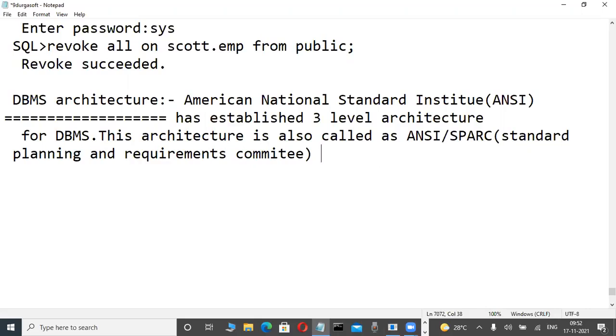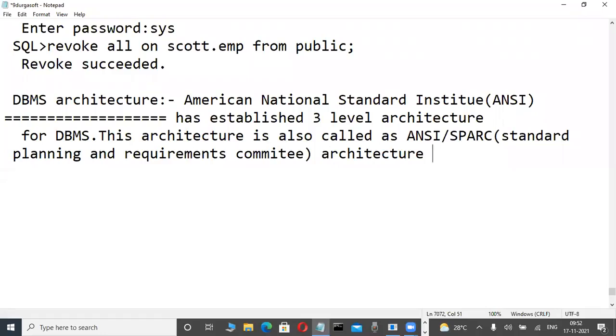This architecture is also called ANSI SPARC, within the bracket Standard Planning and Requirements Committee. That is SPARC only. Close the bracket. Write it: ANSI SPARC architecture. Some fellows call it this.